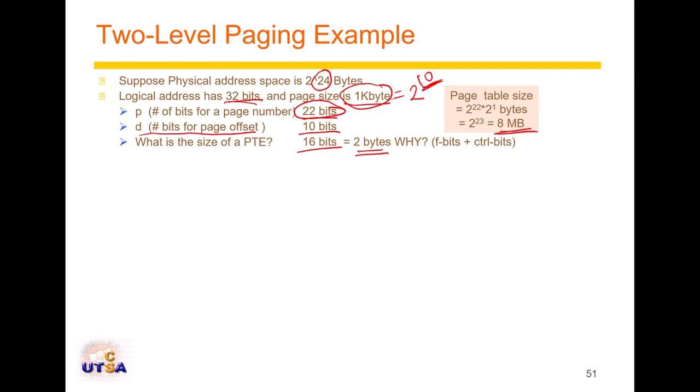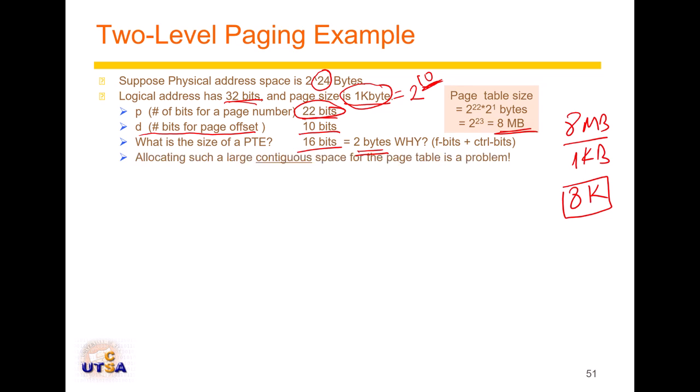Okay, and assuming that you have 1 kilobyte pages, this 8 megabyte page table will fit into 8 megabytes divided by 1 kilobyte, so you will get about 8 kilo pages, or almost 8,000 frames or pages just to hold your page table. Okay, and that needs to be contiguous, right? So that's where the whole problem is.